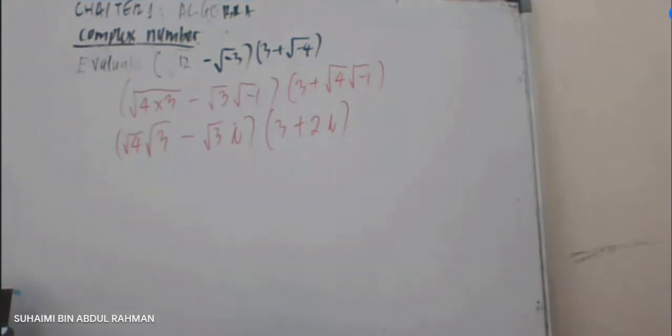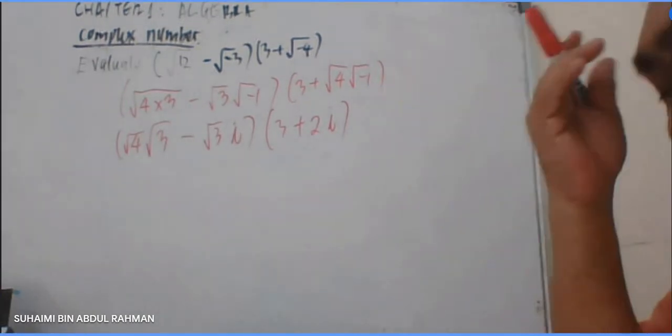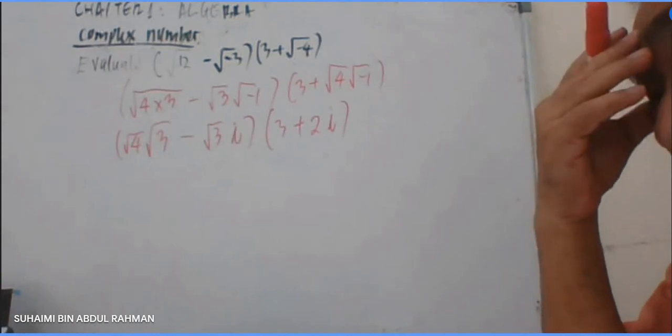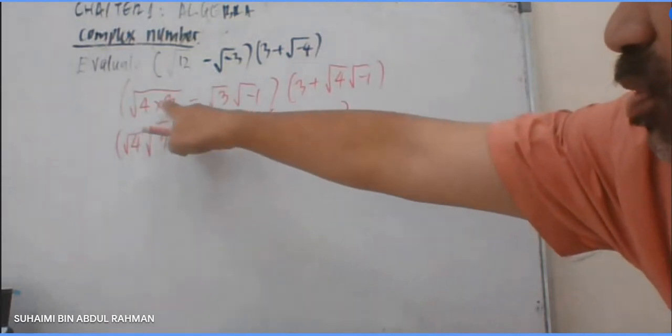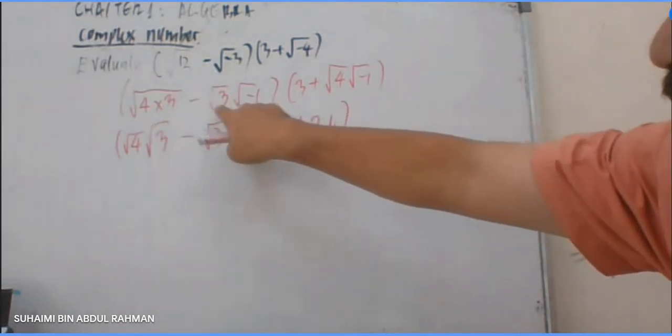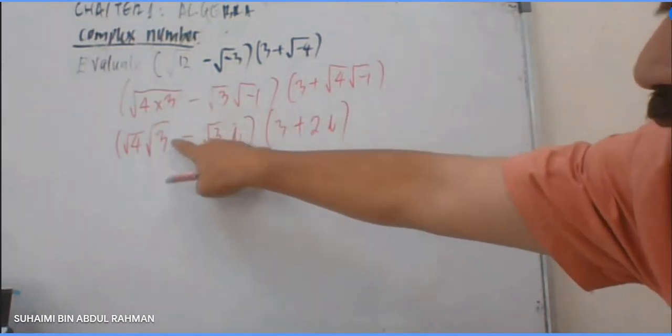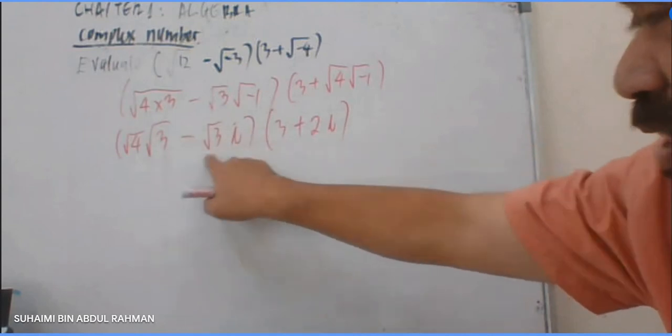Sir, yes. If I put 6 times 2, 6 times 2 is okay, but you're going to have square root of 6 times square root of 2. The reason why I choose 4 times 3 is because we're going to have square root of 3 there, same as this.